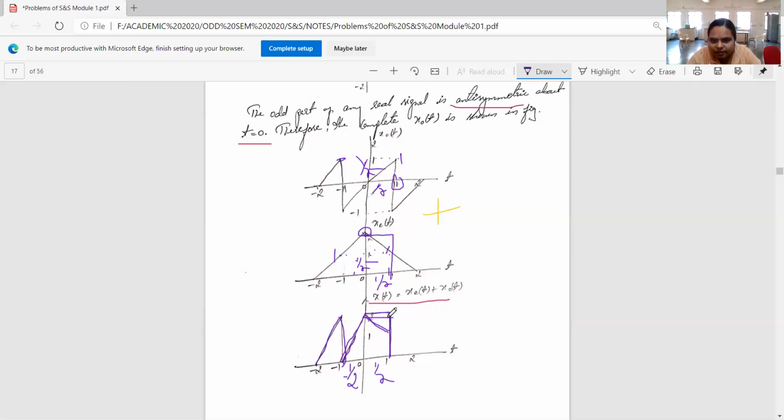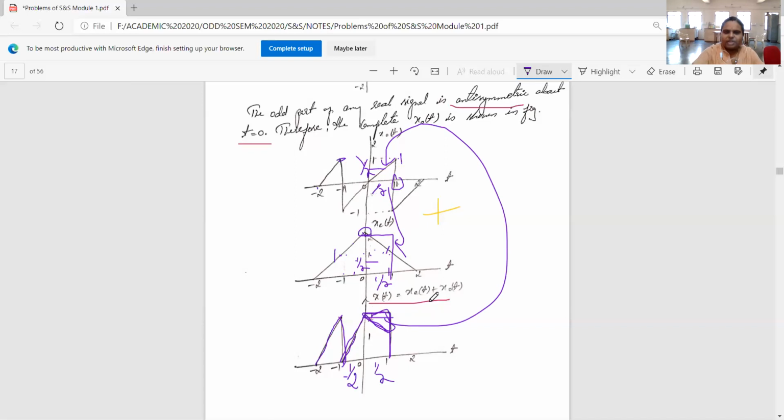This is what I'm repeatedly drawing, adding this signal with the signal x e of t, the even part of the signal. In a graphical way, you understand. If I add these two, I'll be getting the whole rectangular pulse.